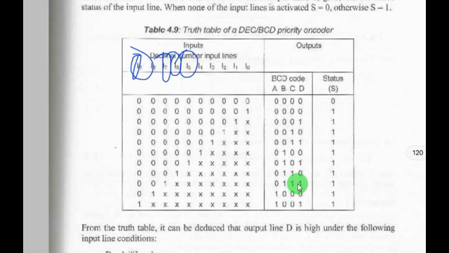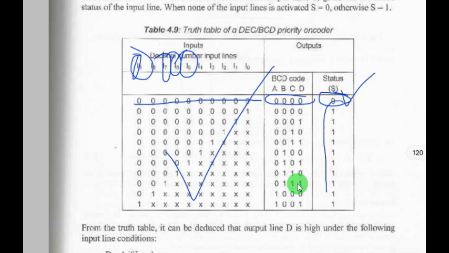And now if you look at this truth table, you will notice that the BCD code that is output is the one that is higher. So if all of them are inactive, we display 000, but we have a status bit at the output that says that when none of them is activated, the status is 0.